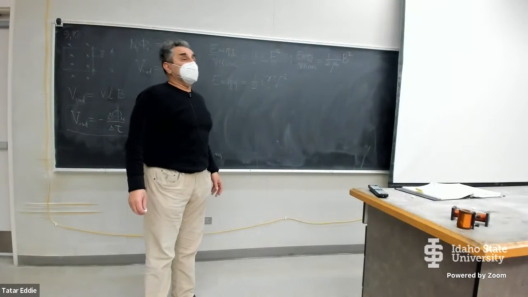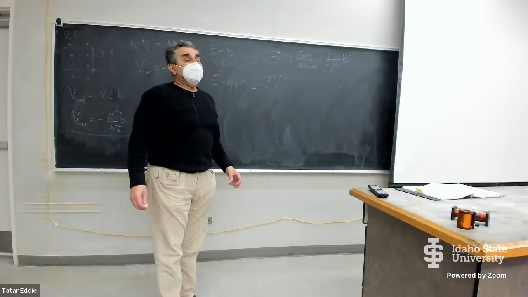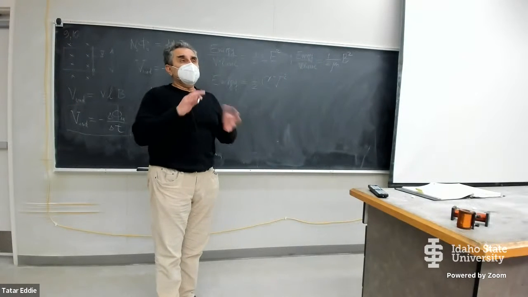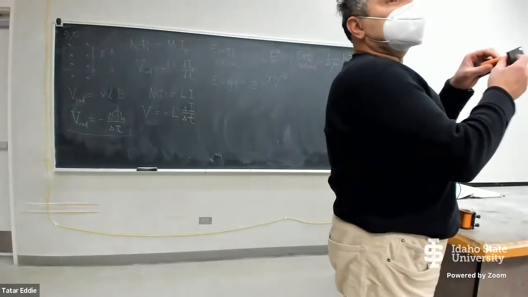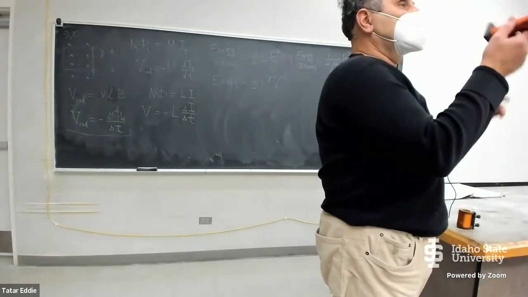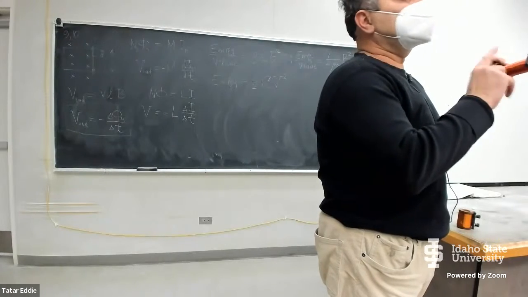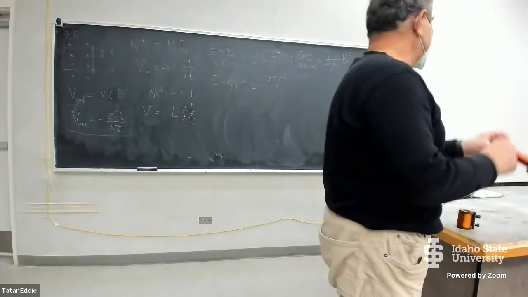In a similar manner, when the magnetic field is uniform, and a uniform magnetic field you have inside the solenoid, right? Inside the solenoid, the magnetic field is pretty much constant.